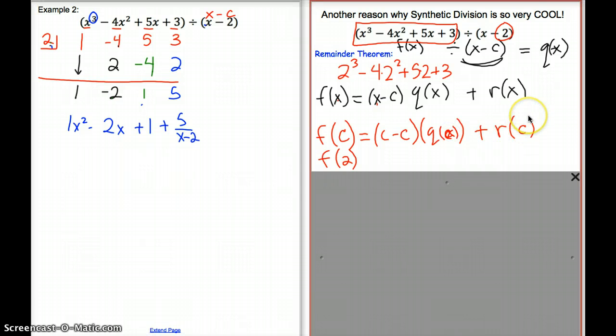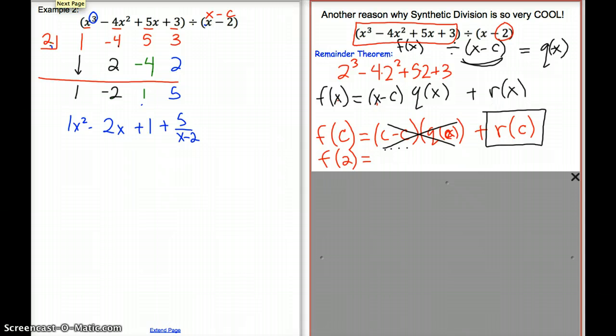It's some constant out there, some number, some remainder r. I'm going to see that this whole thing is going to evaporate because this is 0 right here. c minus c will be 0 for every c in the world. So that's going to go away. So my answer will always equal my remainder when I divided by x minus c.